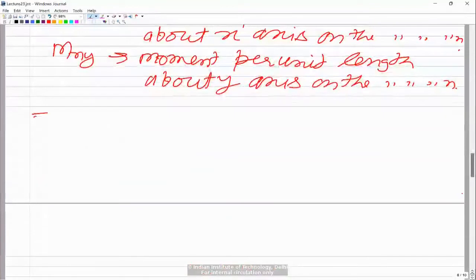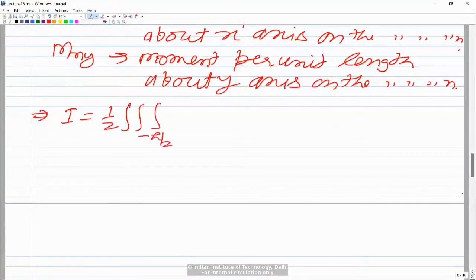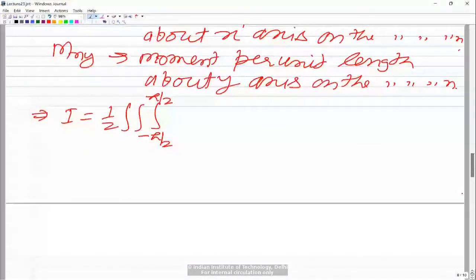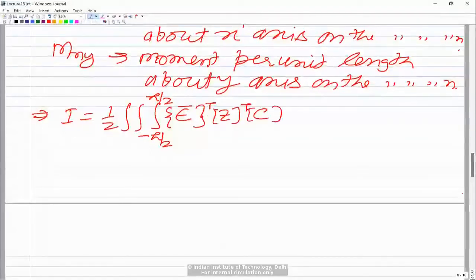I can then be written as half, area integral, and then the integration along the thickness from minus h by 2 to plus h by 2, where h is the thickness of the plate, and epsilon is Z into epsilon bar. So epsilon transpose would be epsilon bar transpose into Z transpose. So I will have epsilon bar transpose into Z transpose, then in between the C matrix, and then again epsilon, which is Z into epsilon bar, and then of course the integration is dz dx dy.